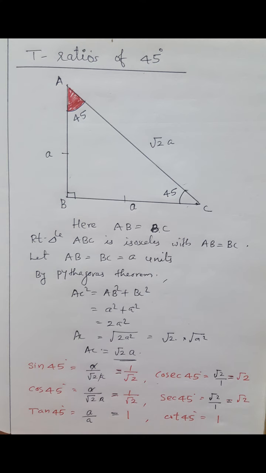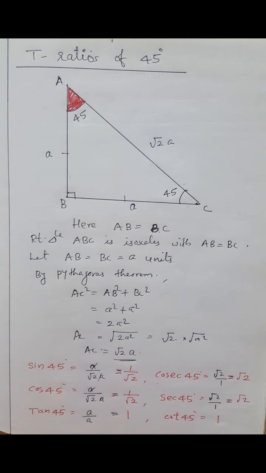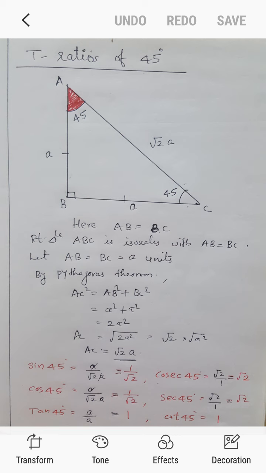And tan 45 is opposite side of 45 degree divided by adjacent side of 45 degree. See the last one here, tan 45 equal to A by A, which equal to 1. So cot 45 is also equal to 1. So we have studied sine 45 equal to 1 by root 2, cos 45 equal to 1 by root 2 and tan 45 equal to 1.